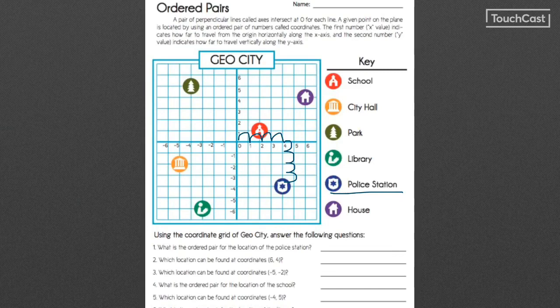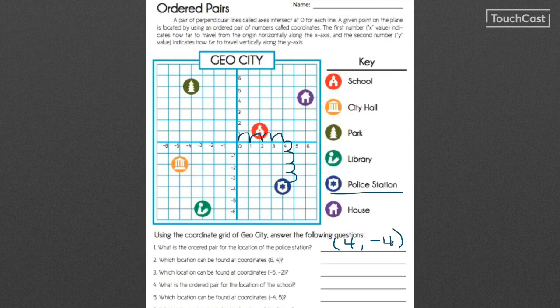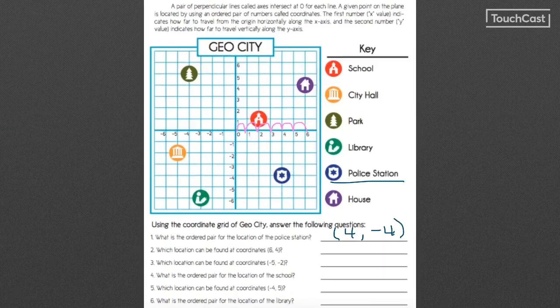So we would identify the police station in quadrant 4, meaning it's going to have a positive x and a negative y. Identify the ordered pair for the police station. Hopefully you said that the police station is at positive 4, negative 4, because we went over to the right 4 spaces and then down 4 spaces.